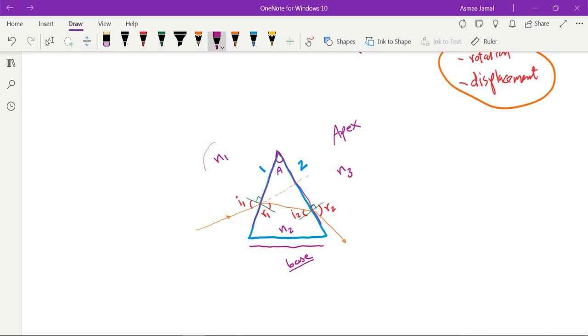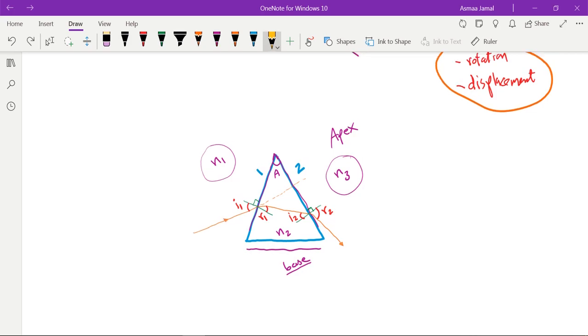Mostly, the first and third refractive indices are similar, and mostly they are air, which means they will equal 1. The first refracted angle and the second incident angle are both inside the prism, and that's why we call them internal angles.